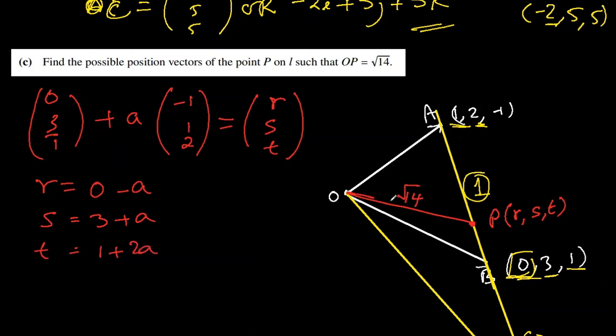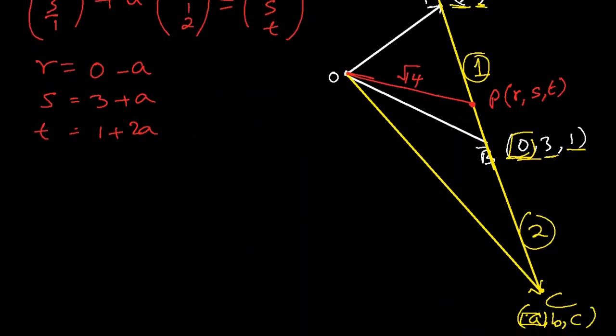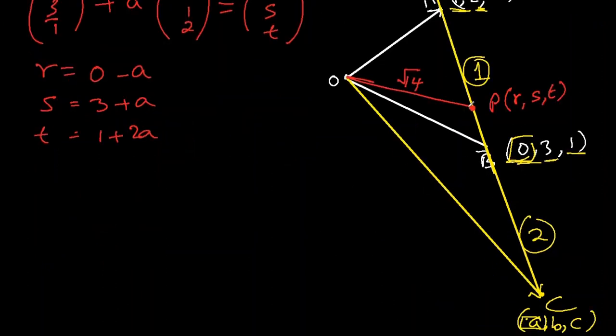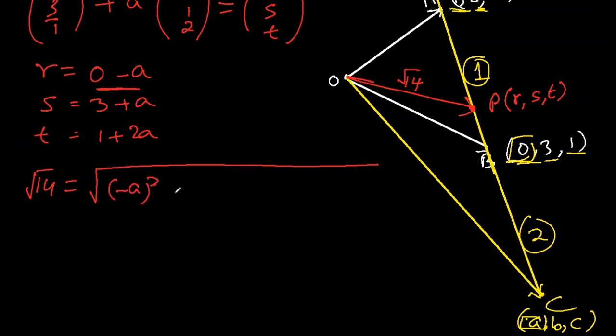Right? Now they're saying the magnitude of OP is square root 14. So we'll have to find the magnitude of this particular vector, which is nothing but the combination of these. The magnitude square root 14 will be equal to the square root of the x part, which is minus a in this case, squared, plus (3 plus a) squared plus (1 plus 2a) squared.